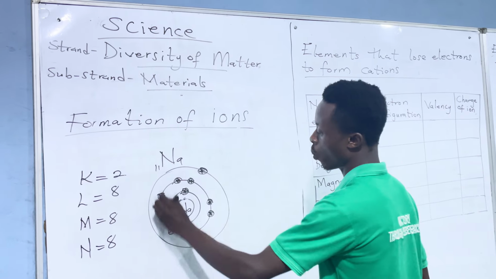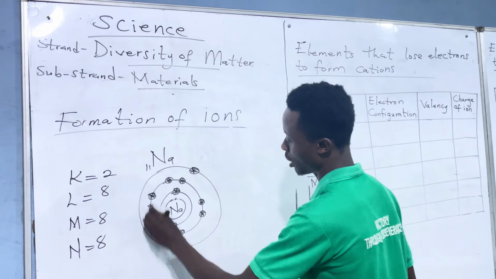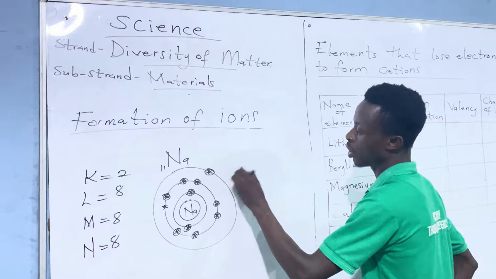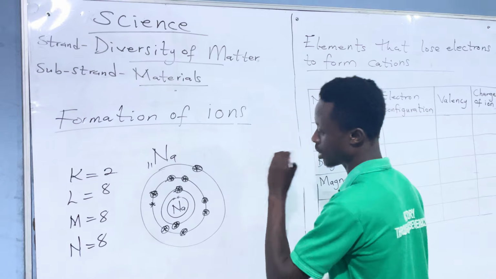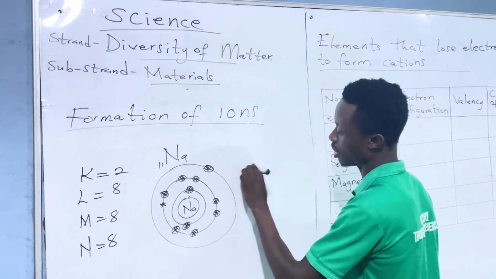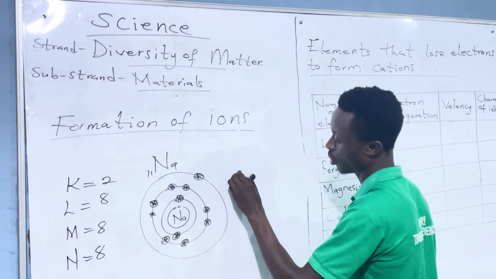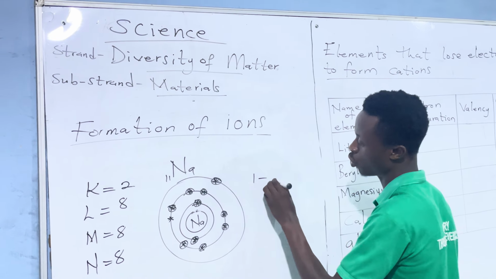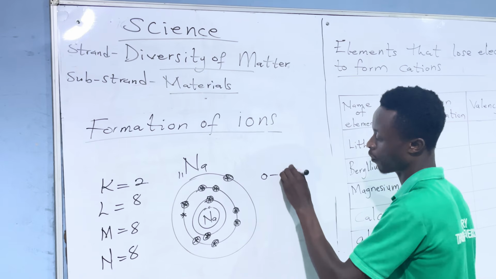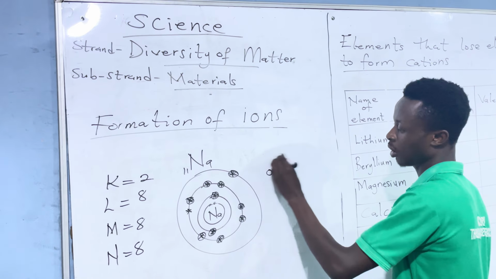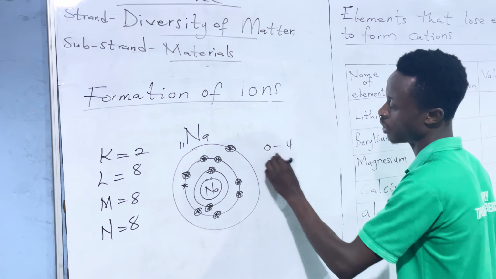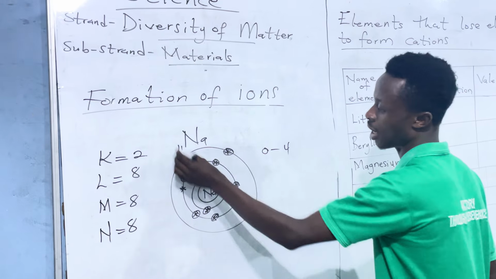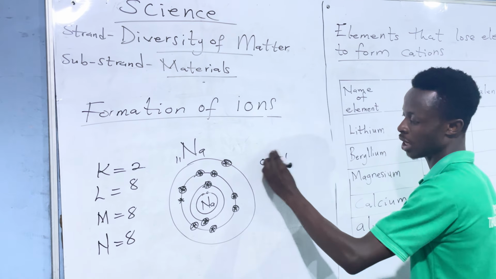Whenever any atom has a number of electrons from 0 to 4 in its outermost shell, it means that the atom is going to lose electrons.